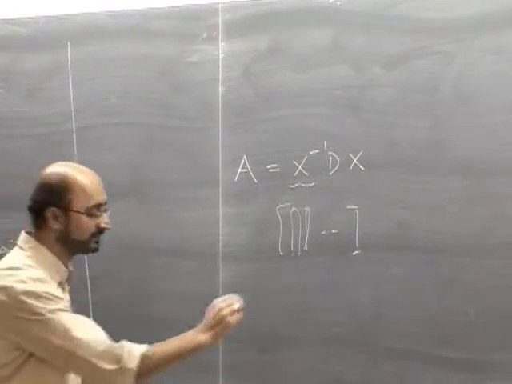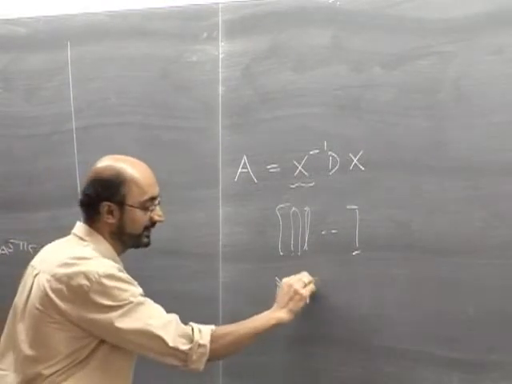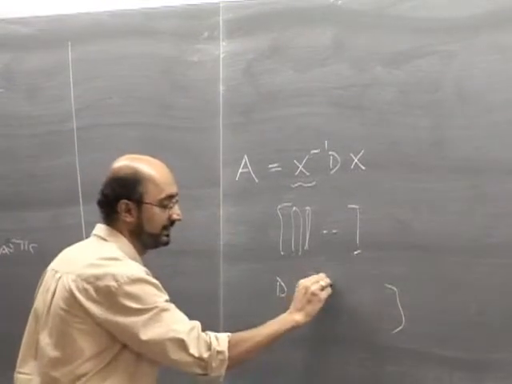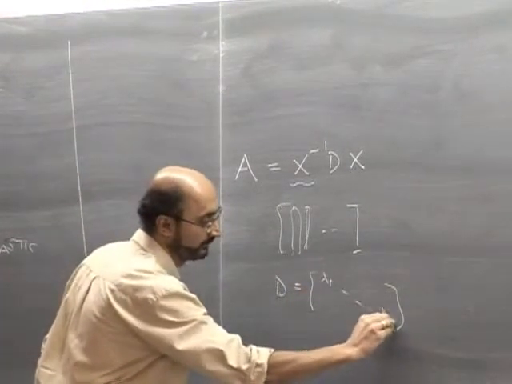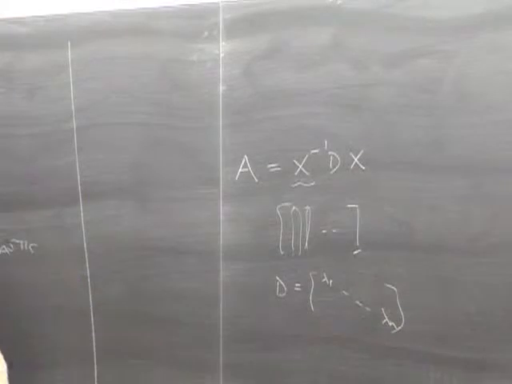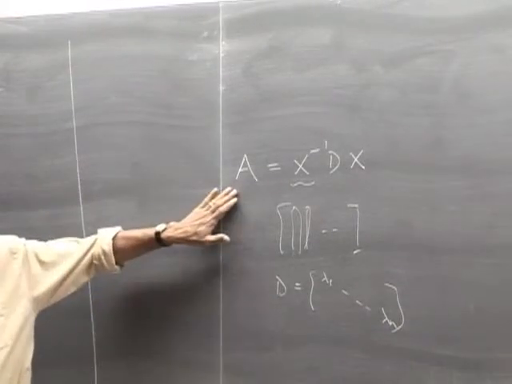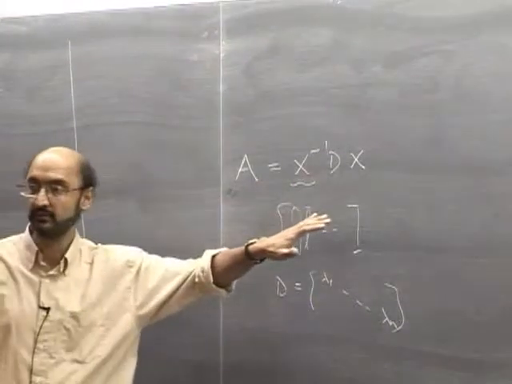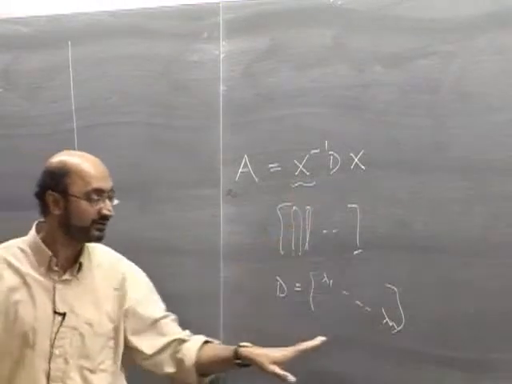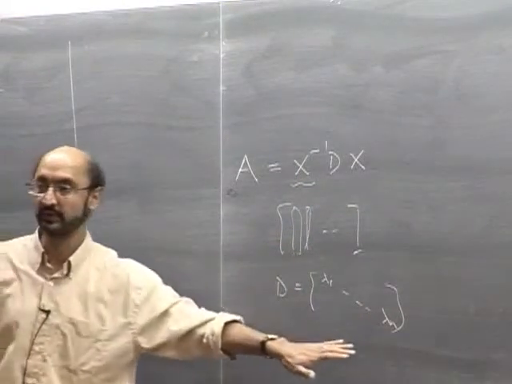And the answer is D is a diagonal matrix of the eigenvalues of A. So in other words, if you take a matrix A, then its diagonalized matrix is nothing more than its eigenvalues written in this form over here.